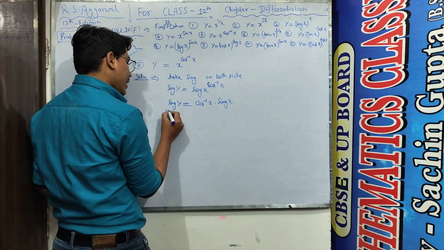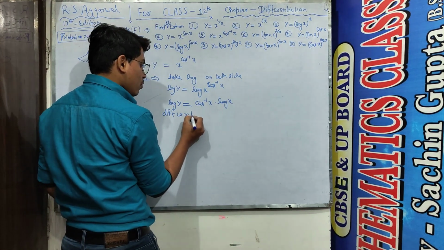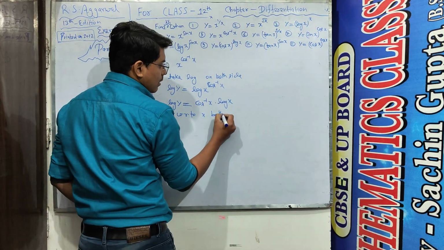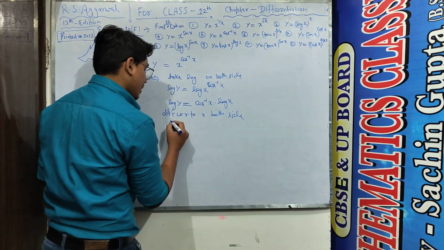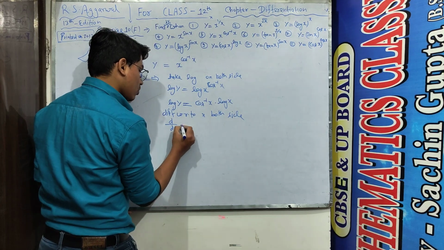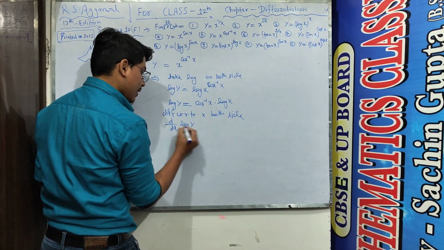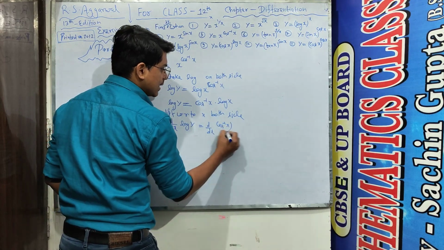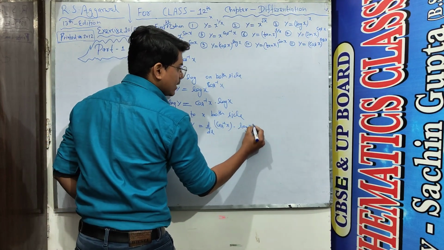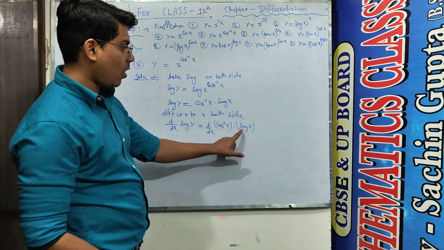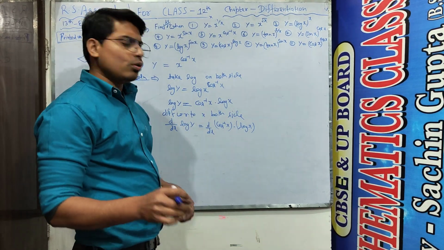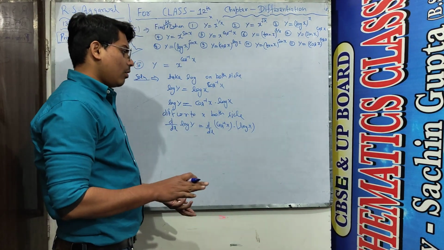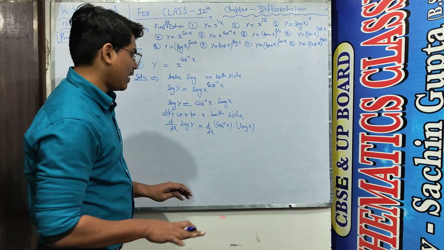And now I write here, differentiate with respect to x both sides. So it becomes d by dx of log y and d by dx of cos inverse x into log x. Student, this is the first function and log x is the second function. You can take any as the first and any as the second function.